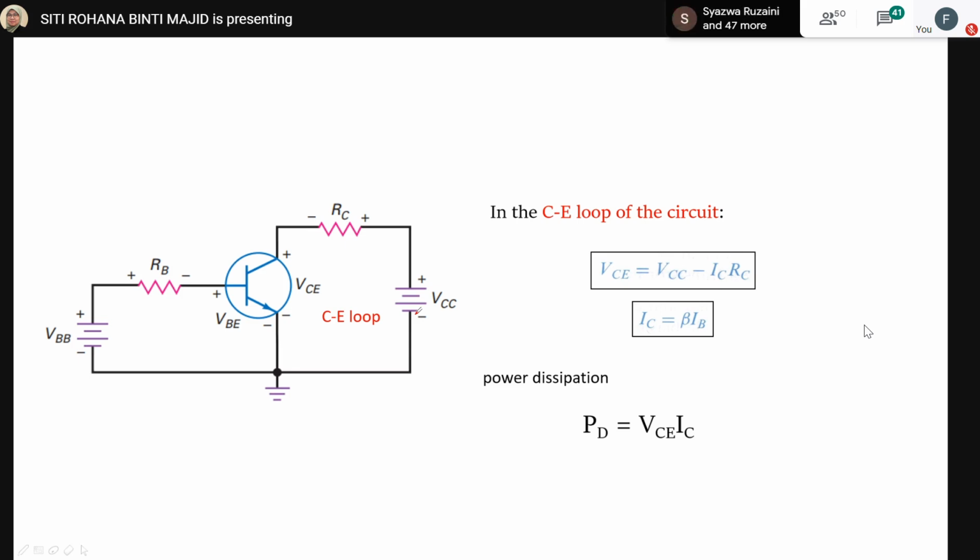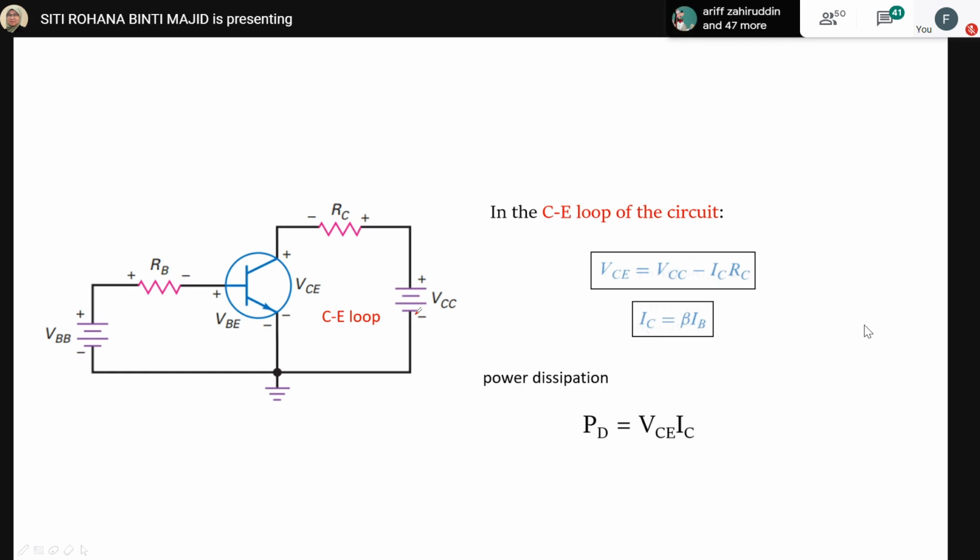And again, IC in forward active is beta IB, and power dissipation applies to all configurations, which is P equals VI. Definitely, which value of V?